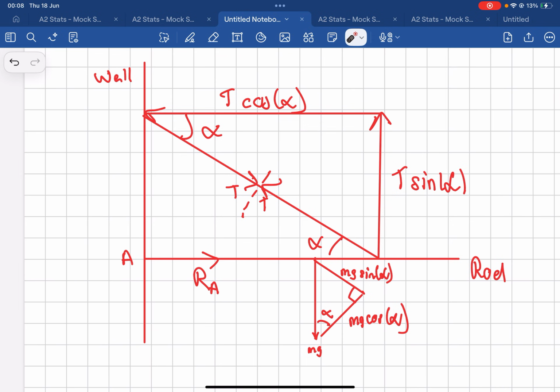Now if it was the other way around, where mg was greater than T sine alpha, we'd have friction acting this way. Now these sort of questions, they might ask you to find the magnitude of the reaction force, or the forces on the wall. Well, that's just these two forces, so we can take Pythagoras of that. The hypotenuse will be the resultant force on the wall.